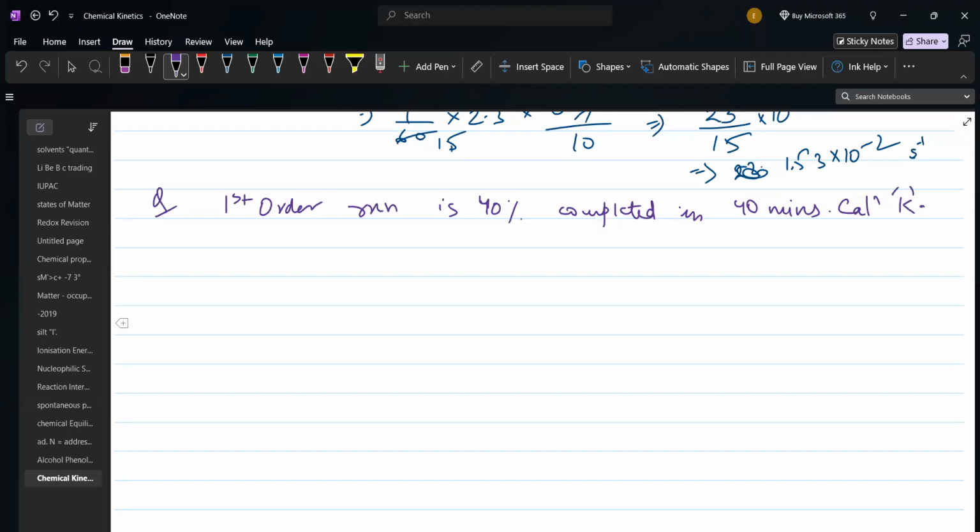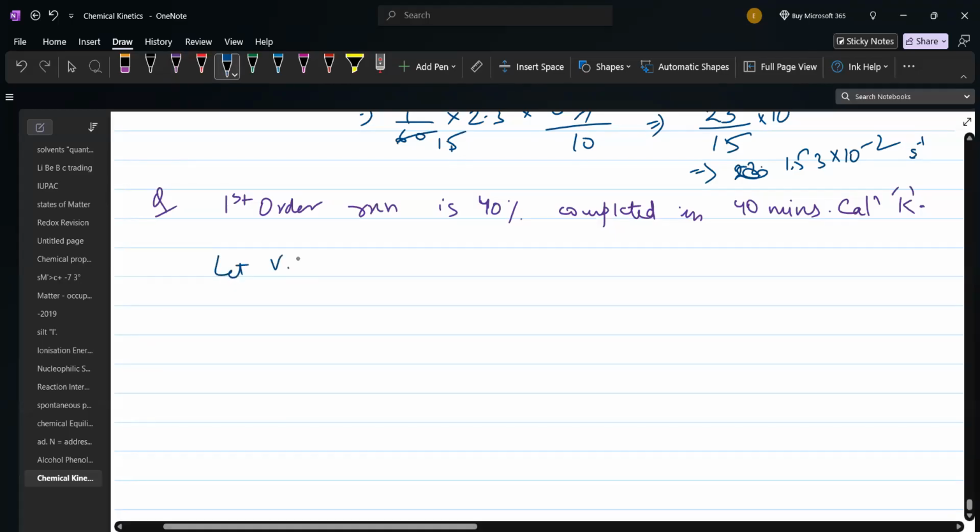So can you see the value of A naught and value of A is not given? Yes or no? Can you solve this without those values? I'm giving you a hint.